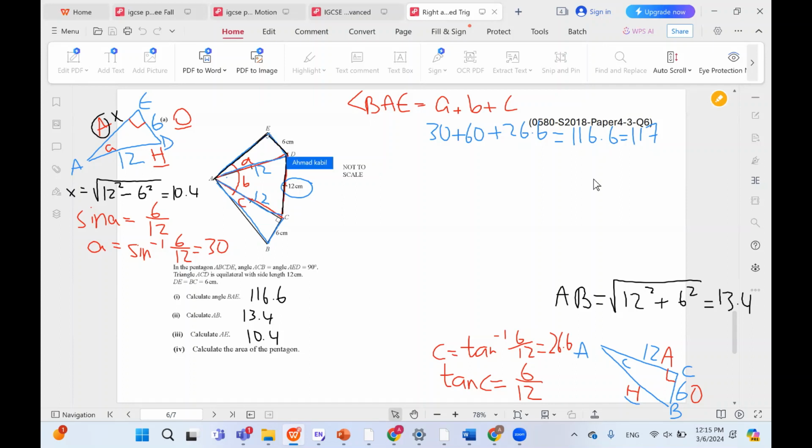So to calculate the area of this entire black shape, we need to calculate the areas of the three triangles. So the area will be area of triangle AED plus area of triangle ADC plus area of triangle ACB.